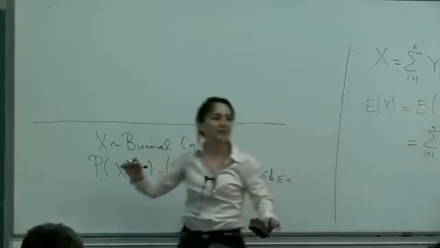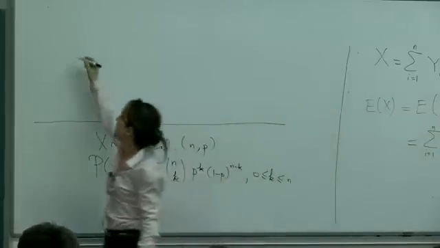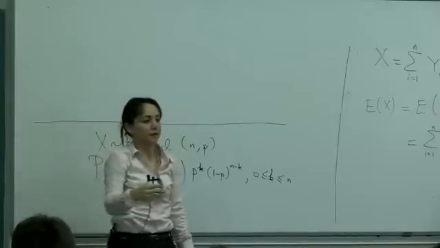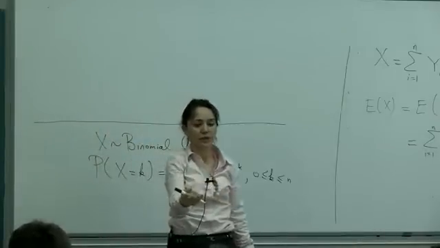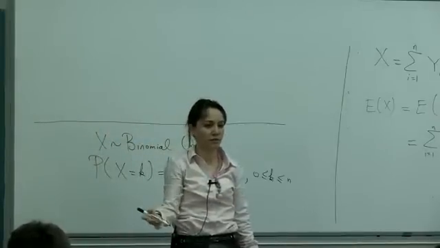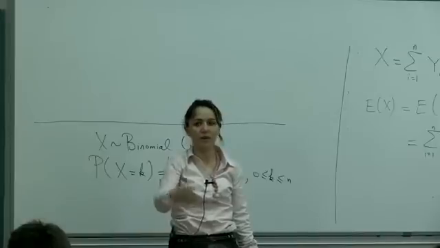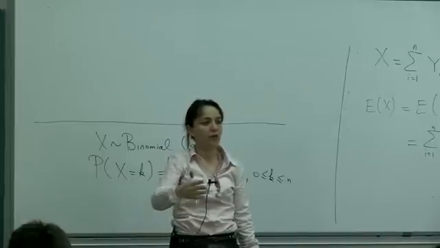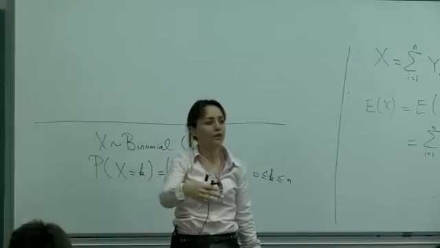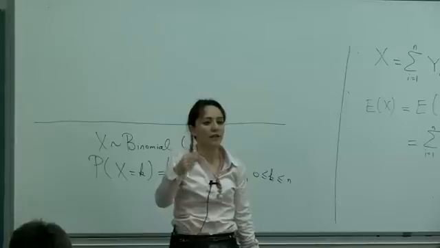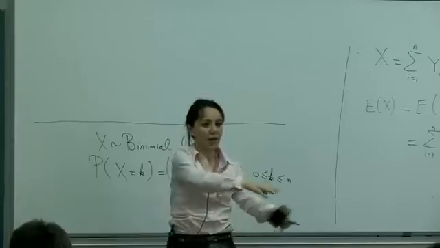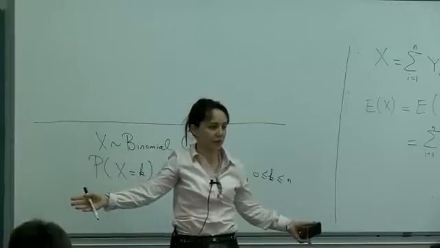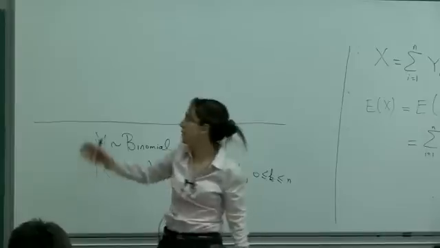Now, here's something we have to assume. For any of these people, what is the probability of getting your own hat back? You have n possibilities, 1 over n.